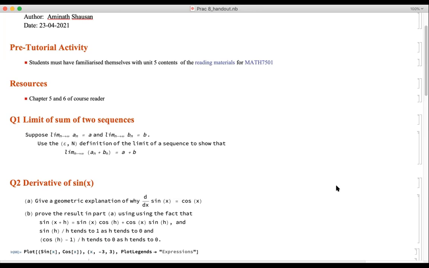Let's begin with the handwritten notes, which I prepared, which is the same thing that Kai just said. Let me share the screen.